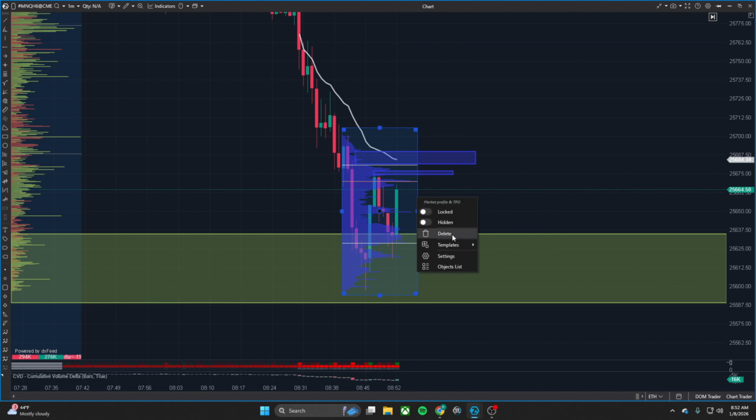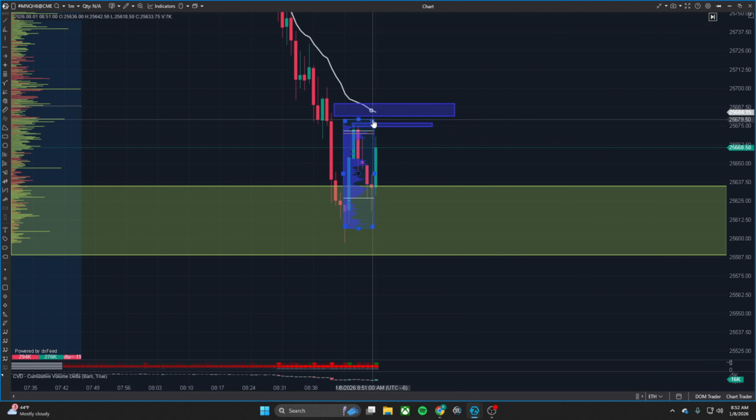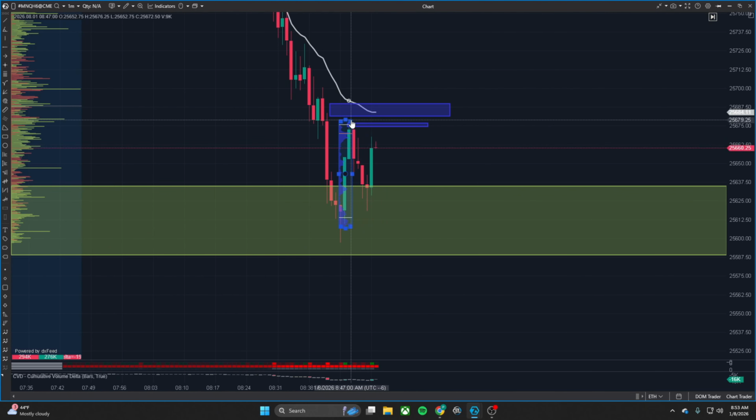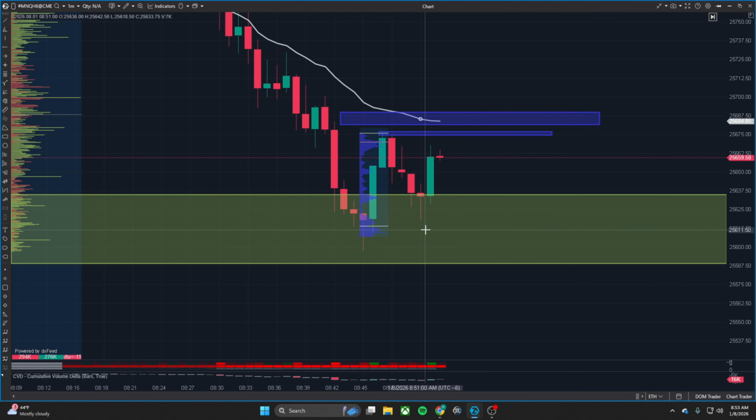But if we did, can mark out, where is it here? This swing. Low volume node here. Can't see over here.